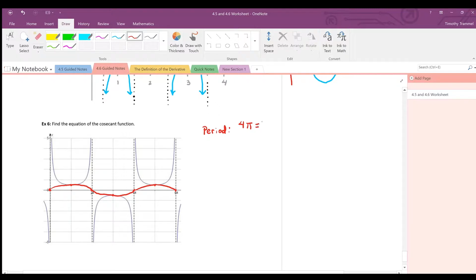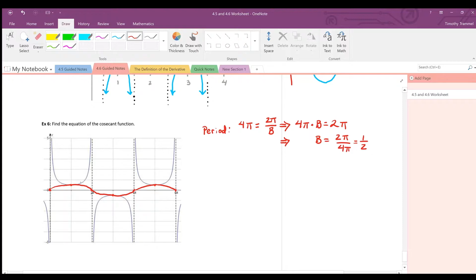Well, we know that the period should be equal to 2 pi over b when we're working with sine. And so then that tells us, well then b, actually let's solve for b. If we're going to solve for b, we'd need to multiply both sides by b, so we get 4 pi times b equals 2 pi. And then we could divide each side here by 4 pi. And that gives us 2 pi over 4 pi, which is 1/2. Okay, so we have b.